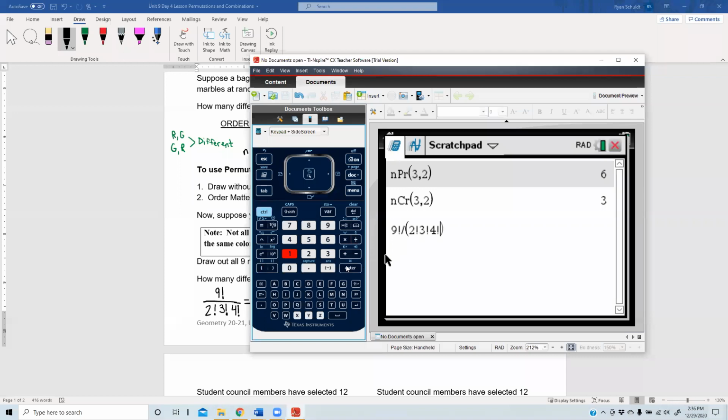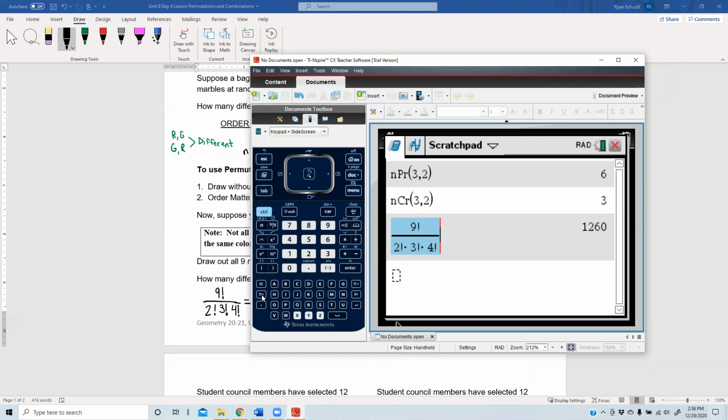So, enter. Notice this looks exactly like what's on my paper. This is one way to check if you entered it in the calculator right. If what you put in looks exactly like what's on your paper, you did it right. If it doesn't look like this, you did something wrong and the answer is wrong. Okay, so we did it right because they match.